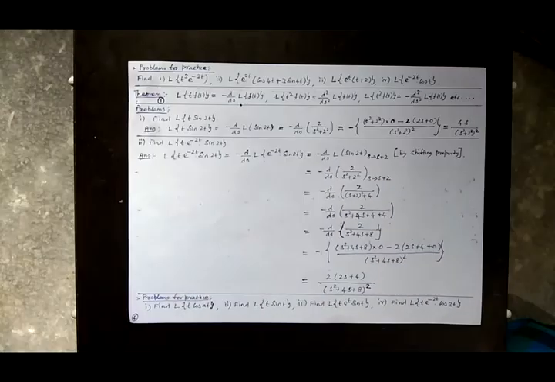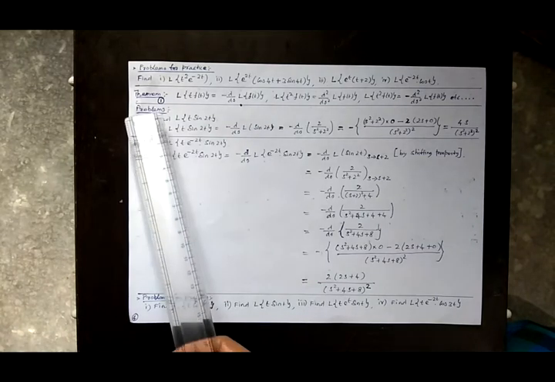So you get 6 by s plus 1 whole square minus 4, minus 5 into s plus 1 by s plus 1 whole square minus 4. This is the Laplace transform. So using the first shifting property, you can solve these problems.